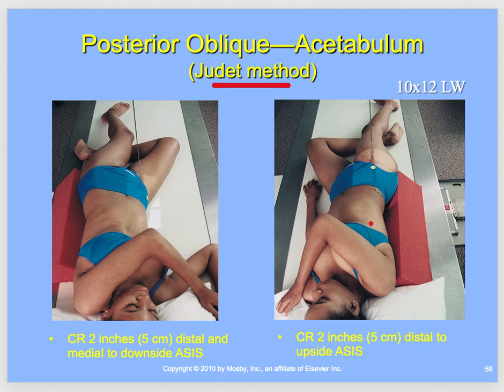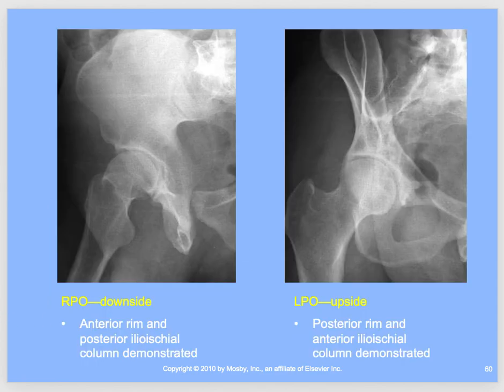So the other one is CR 2 inches distal to the upside ASIS. Okay? So this is when you're visualizing the upside. This is when you're visualizing the downside. Okay? So RPO is the downside, RPO downside, LPO upside.